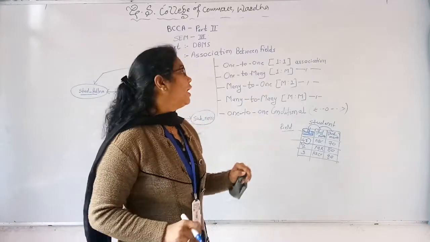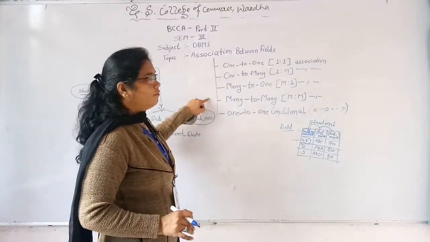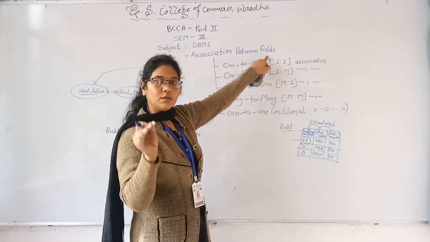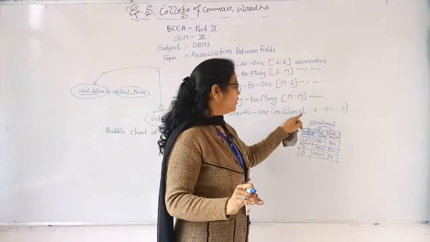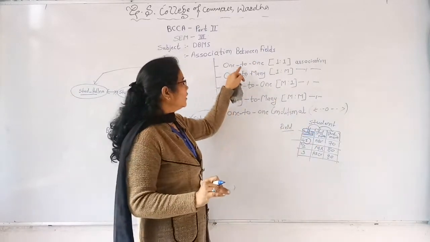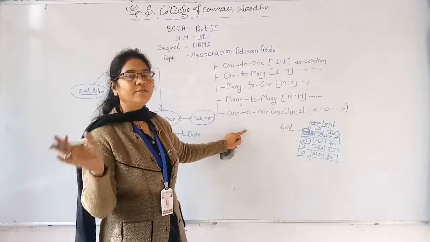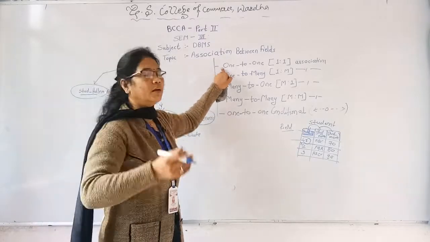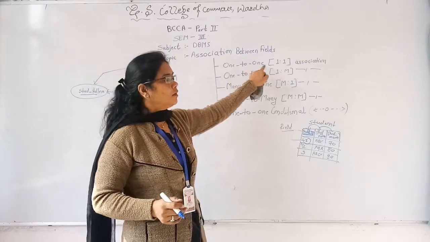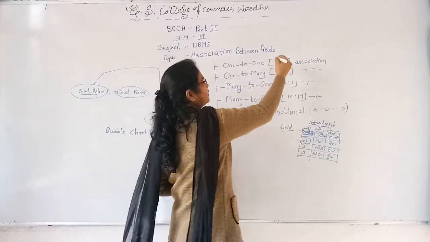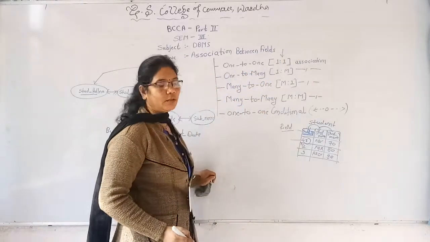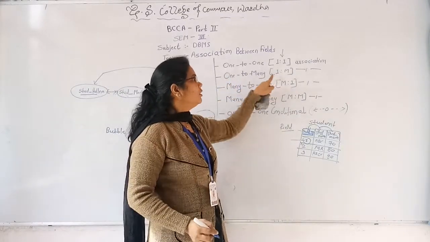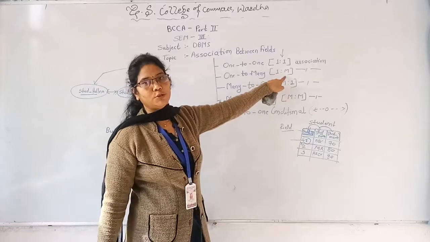The association between fields is classified into types. The first is one-to-one association, which is represented like this.